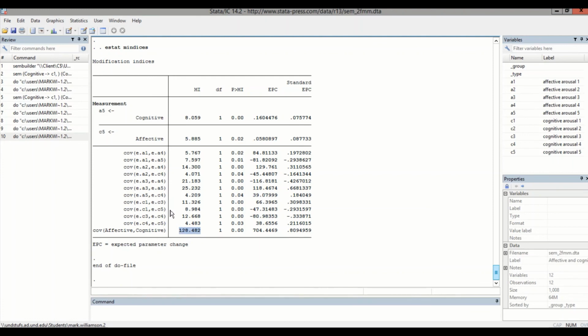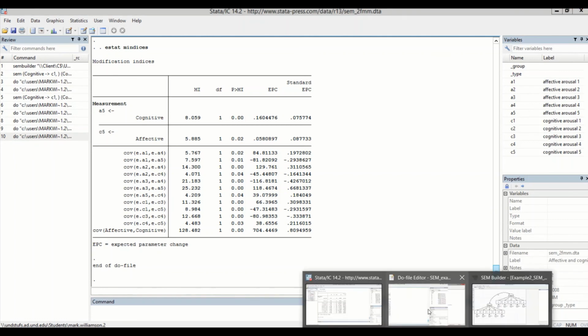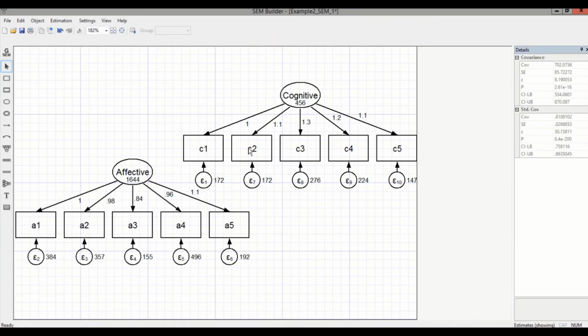And if we were to move on and try to add more paths to the model, we might want to look at some of the highest ones, like some of the A's compared to each other. That might be a place, maybe some of these E's as well. But that would take some work to make a better model. It also probably has to go into what these variables are measuring.